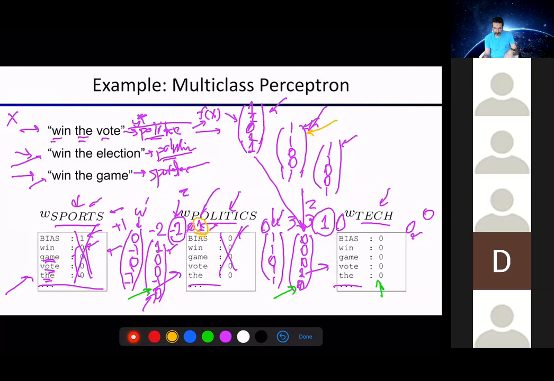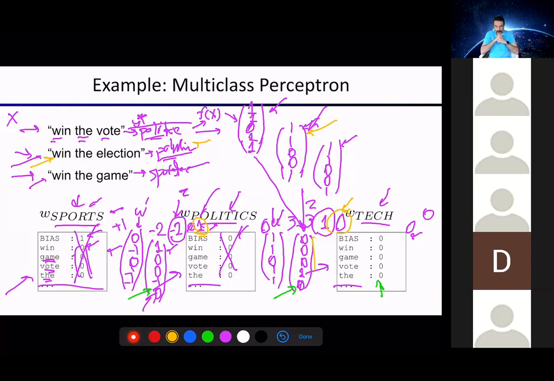The activation is 1, and the activation for the second class is 0, right? So it thinks that this is a sport for the second example, but obviously this is not a sport. So it's not making the correct decision.